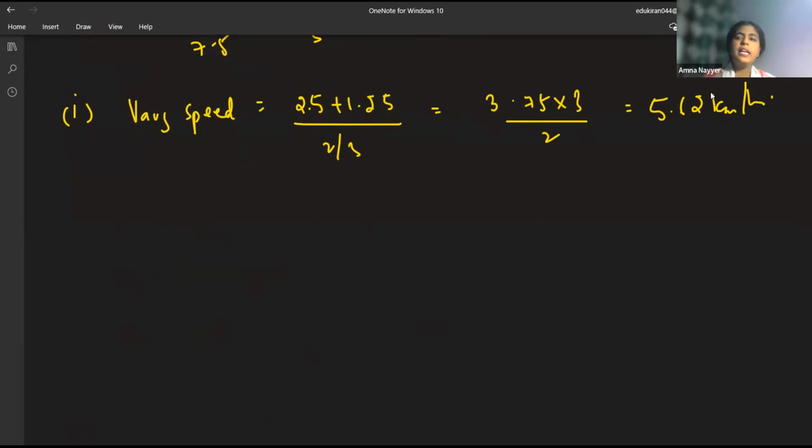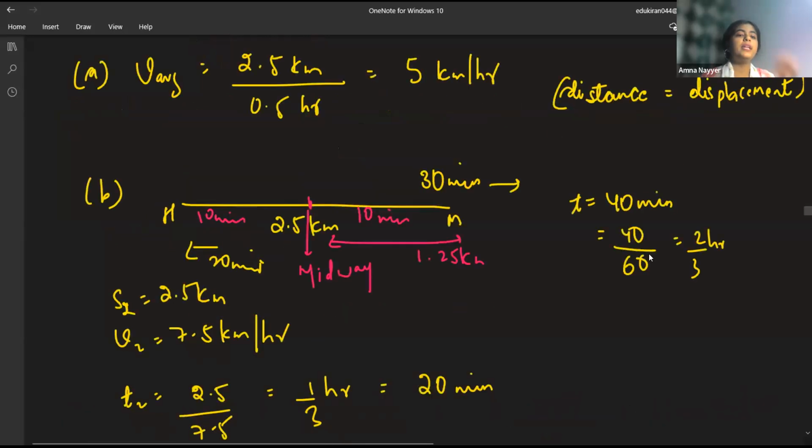And when we are calculating average velocity, displacement is the separation between initial and final point. Person is now at midway, right? At 40 minutes, the person is at midway. So from home to midway, what is the separation?